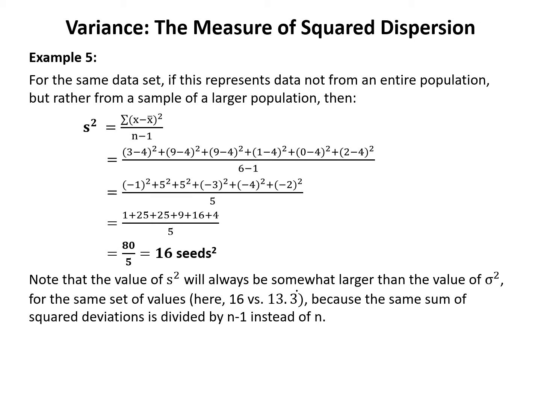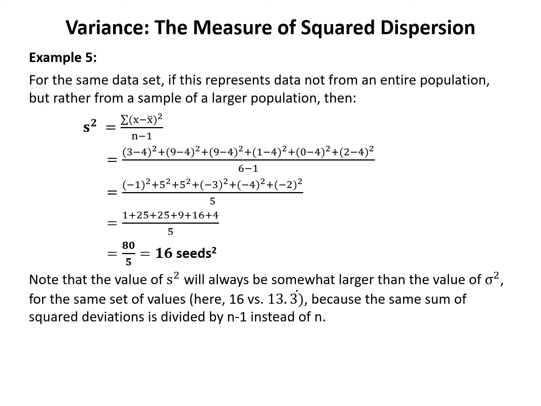In example 5, we again look at the same data set, but this time we treat it as if it was a sample from a larger population instead of a population itself. So this time we're going to calculate the sample variance using the same set of numbers. And so we use the formula for s squared, which, as we discussed previously, the numerator ends up being the same.